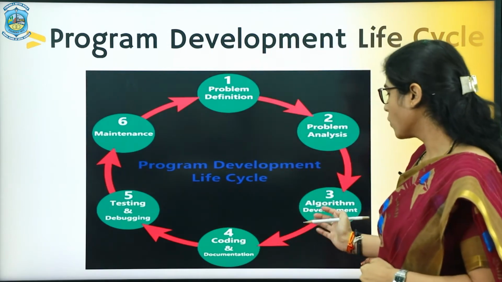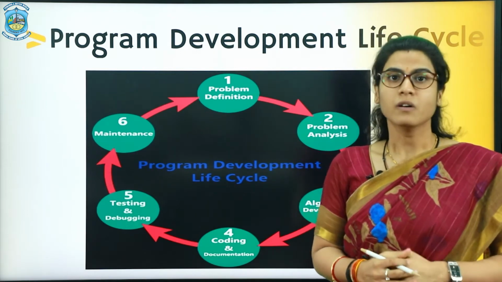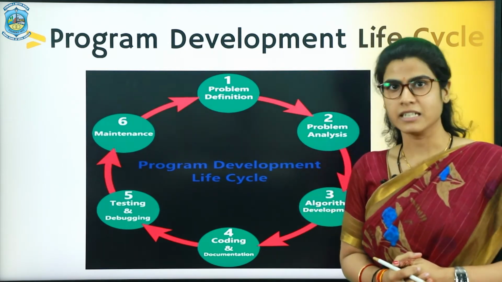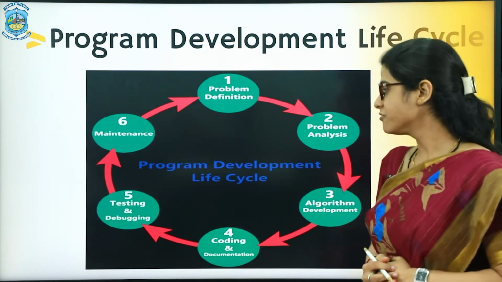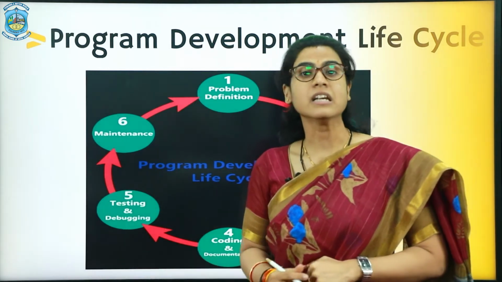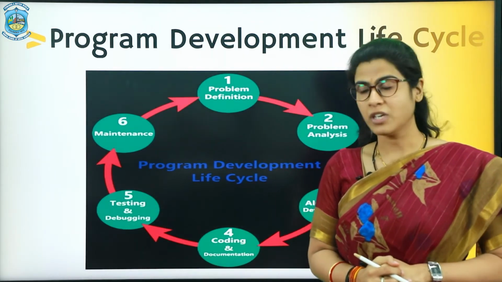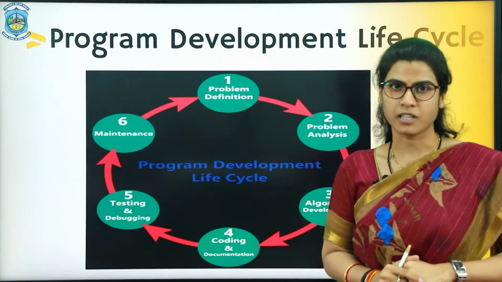According to the developed algorithm, we start doing the implementation, where we do the coding part as well as we perform the documentation. After coding, we have to check that code whether it is correct or not. So we reach the fifth stage, that is testing and debugging.